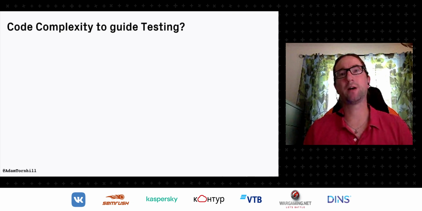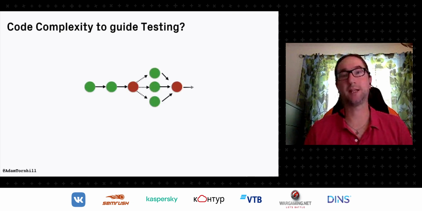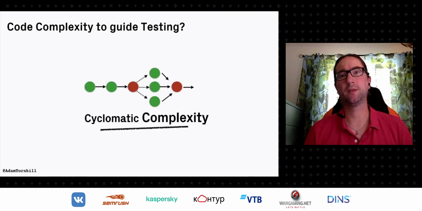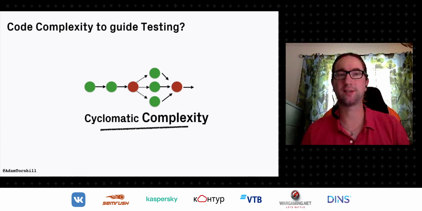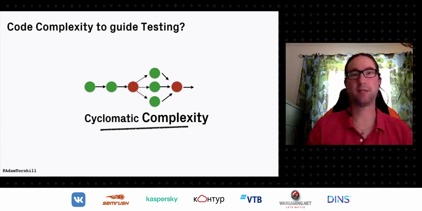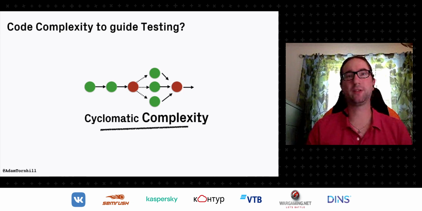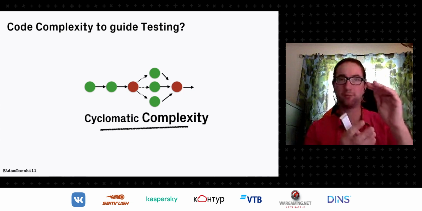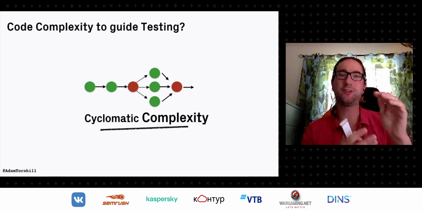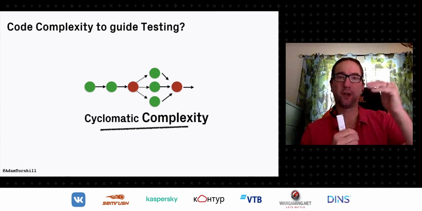The most popular one tends to be cyclomatic complexity. I'm going to keep this pretty brief, but cyclomatic complexity, basically, it's an old metric from 1976. And the way cyclomatic complexity works is basically that it considers each function in your program. It's a function level metric. It considers each function, looks at the number of logical paths through it.